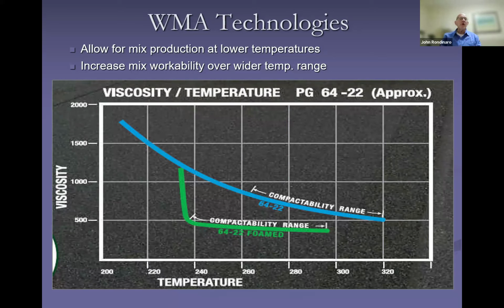For workability, you want as low a viscosity as you can get. And in this case, we're comparing a standard 6422, and we'll talk about what that means, but that is a conventional mix, versus a warm mix 6422 foamed, and you can see that the viscosity is much lower.